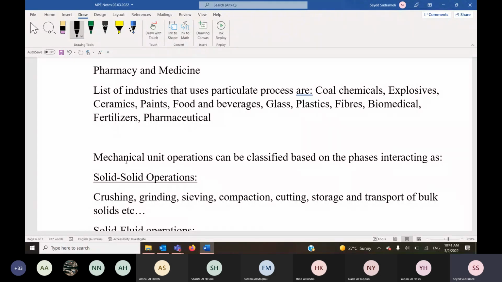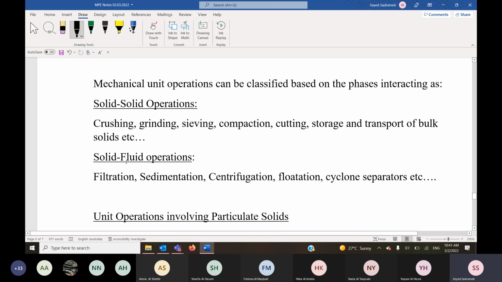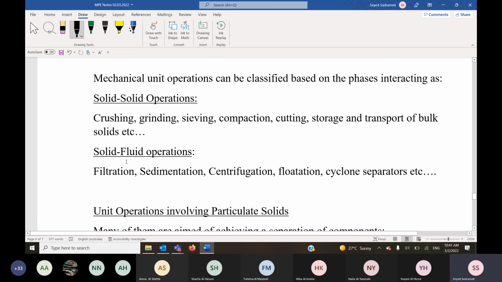Mechanical unit operations can be classified based on the phases interacting, as solid operations, solid liquid operations, or solid fluid operations. In the solid operations, the units are crushing, grinding, sieving, compaction, cutting, storage, and transport of bulk solids.